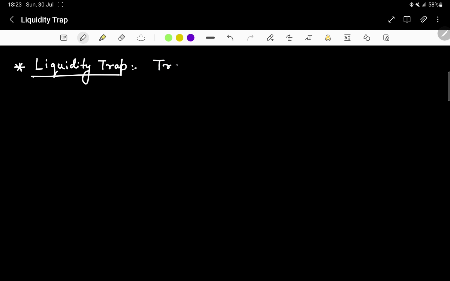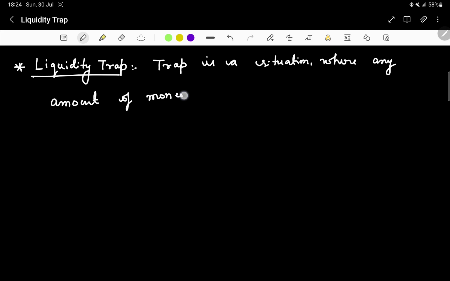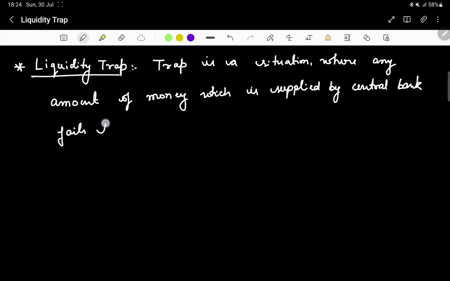So a liquidity trap is a situation where any amount of money which is supplied by the central bank fails to change the interest rates.